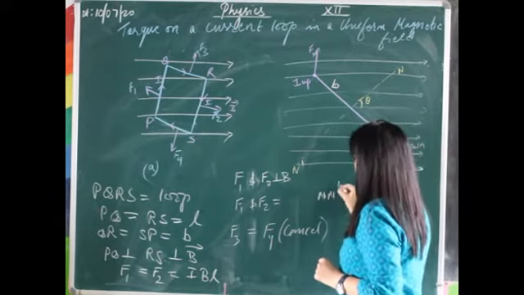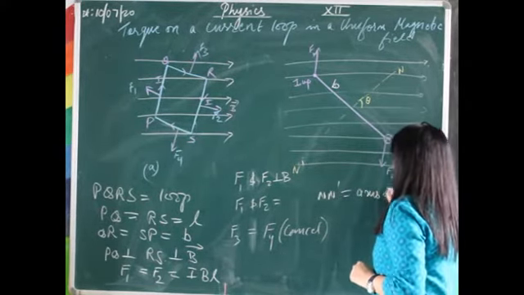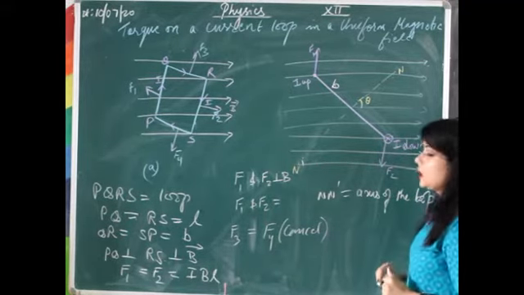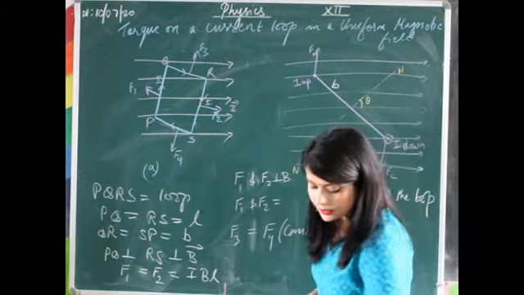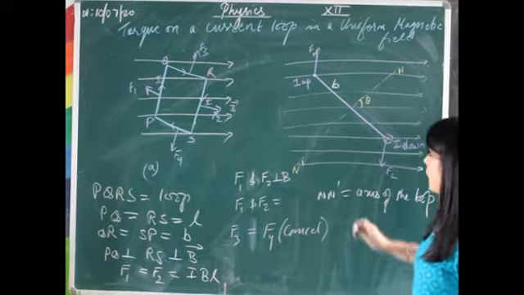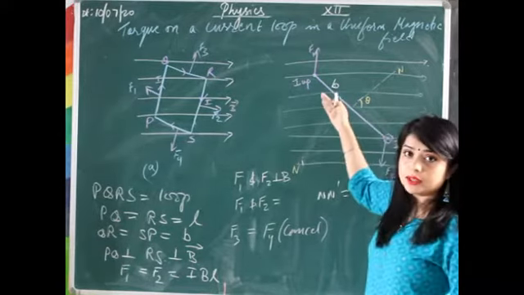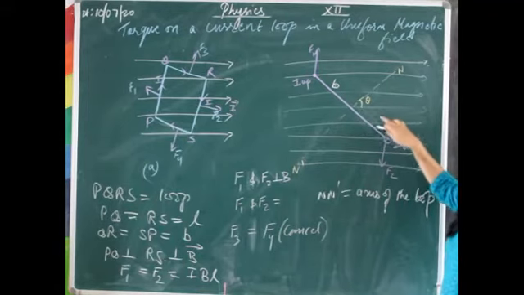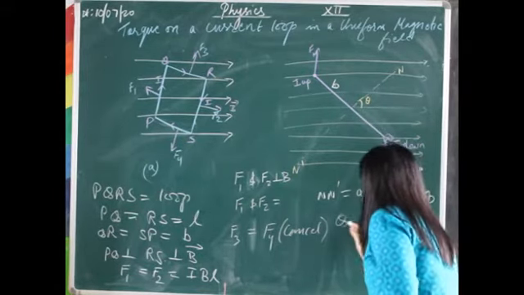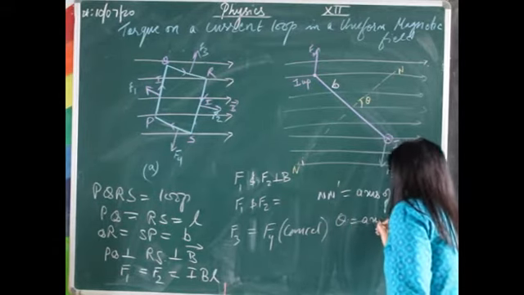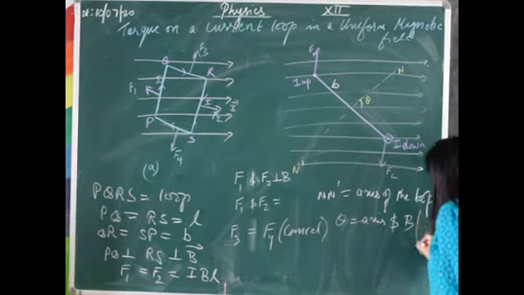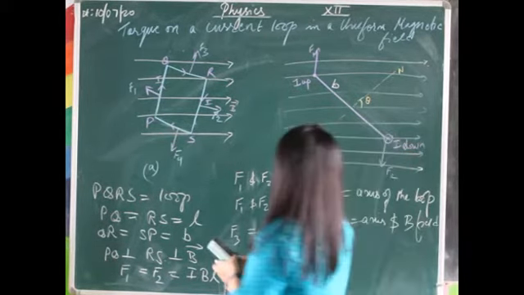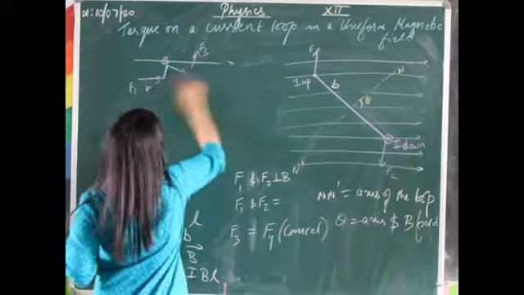This N dash is the axis of the loop. And theta is the angle between the axis and the magnetic field, not the length. Theta is the angle between the axis and magnetic field. I hope this is clear. Now we'll refer to this diagram for further derivation.